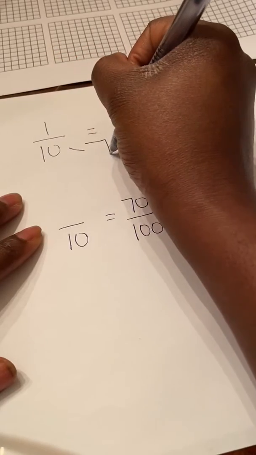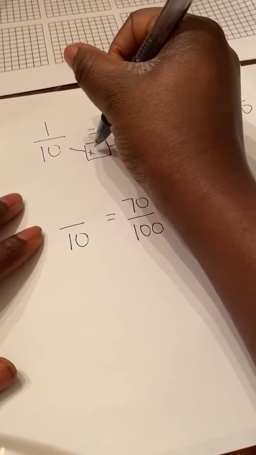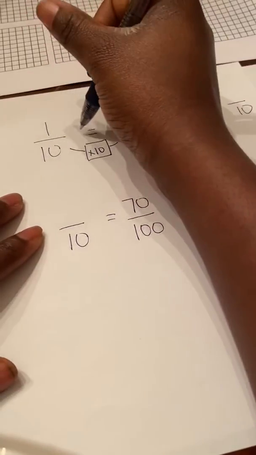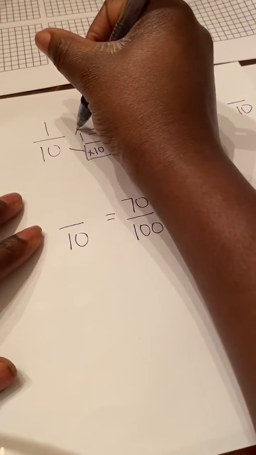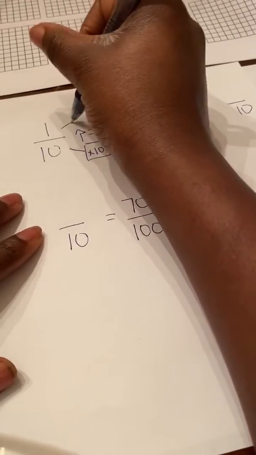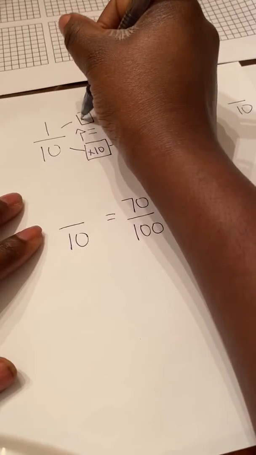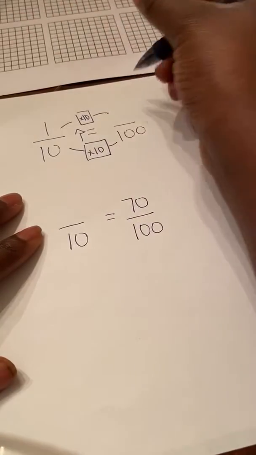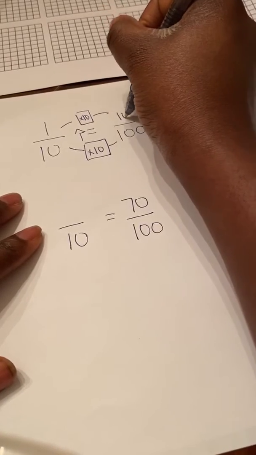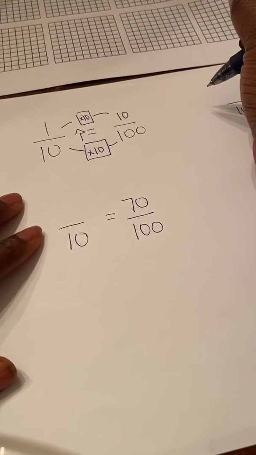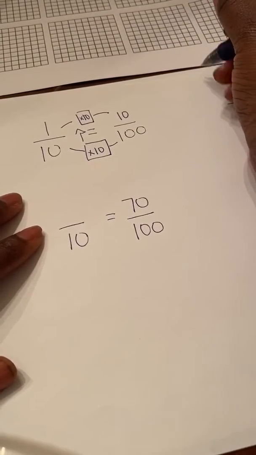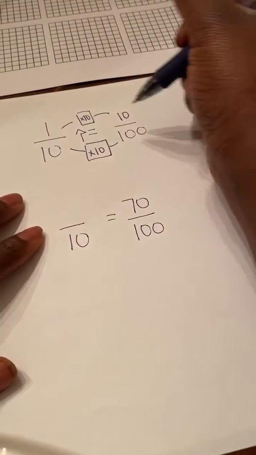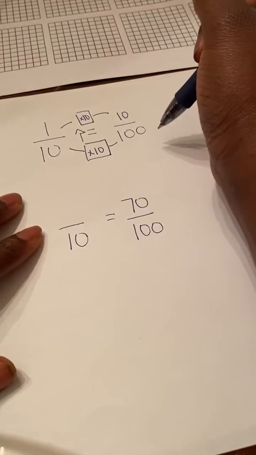Answer is, you are right, times 10. And whatever you do to the bottom, of course, you do to the top. So times 10 up here too. And 1 times 10 equals 10. So that means that 1/10 is equal to 10/100.